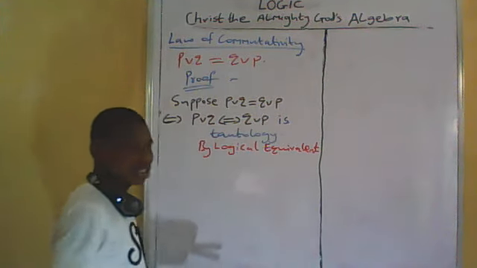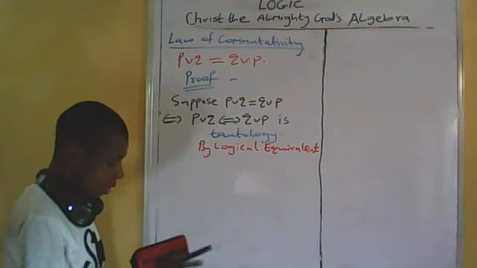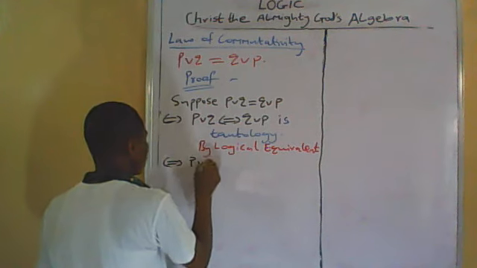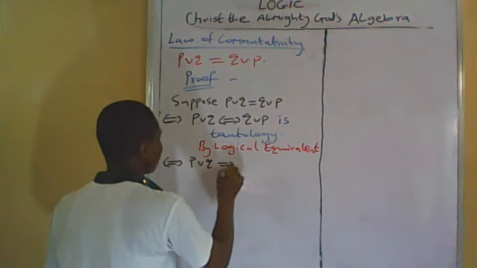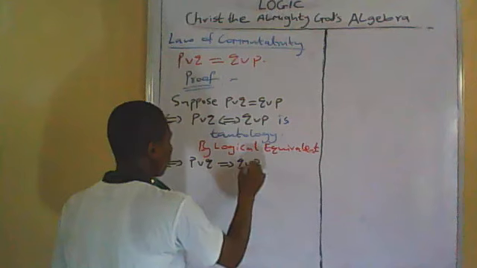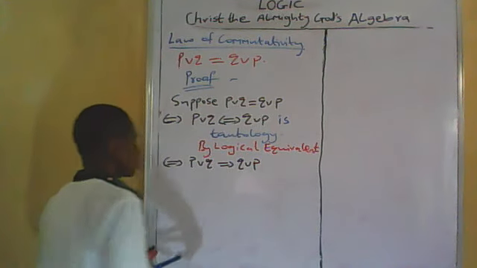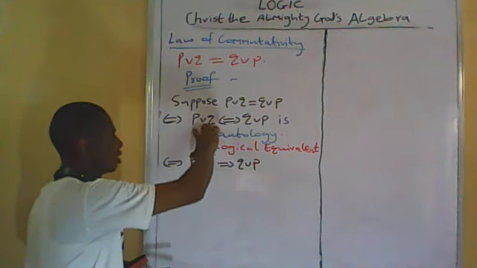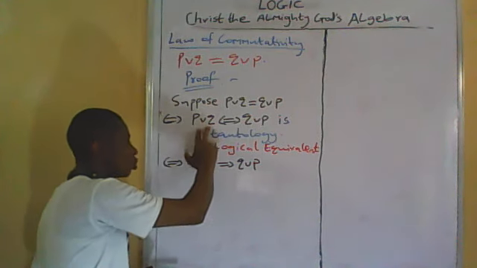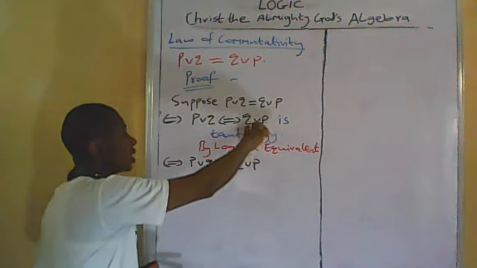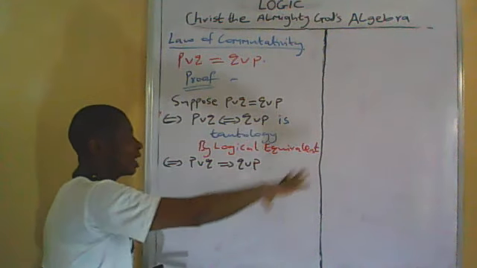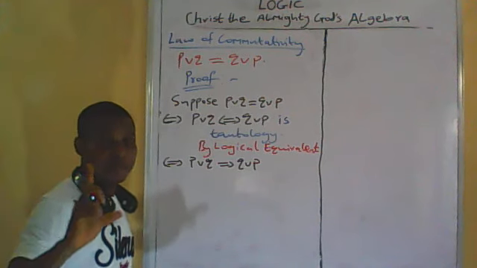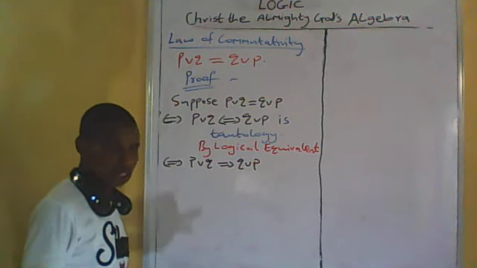If that is the case, we say that P or Q implies Q or P. That means whenever this left equivalent is true, the right equivalent must also be true. We then transform it to a conditional statement and it still preserves tautology.